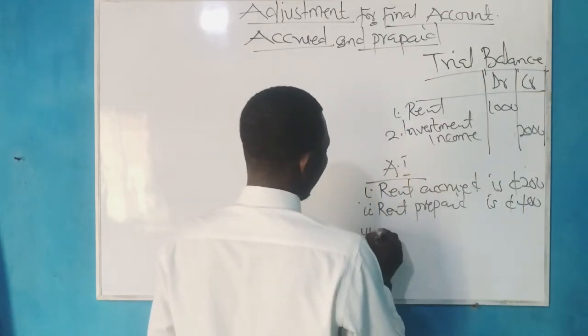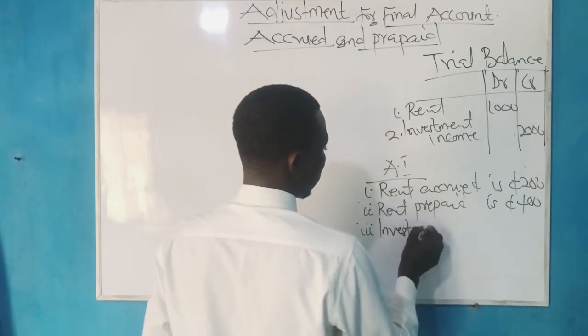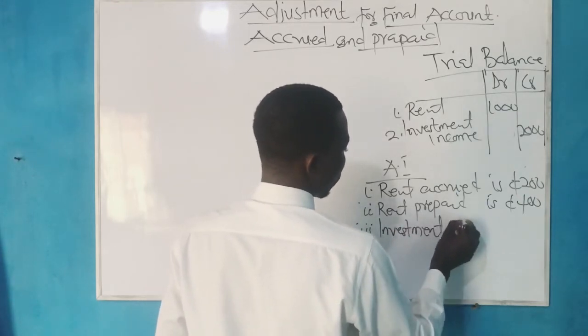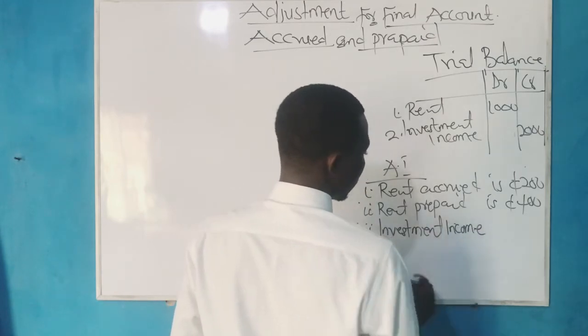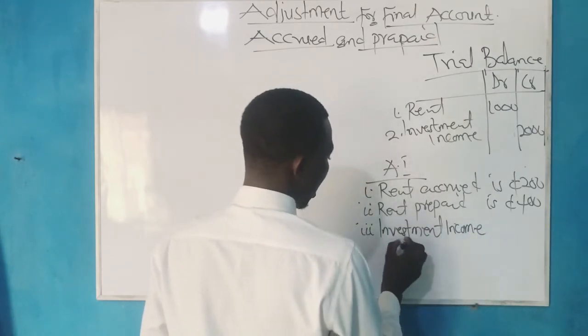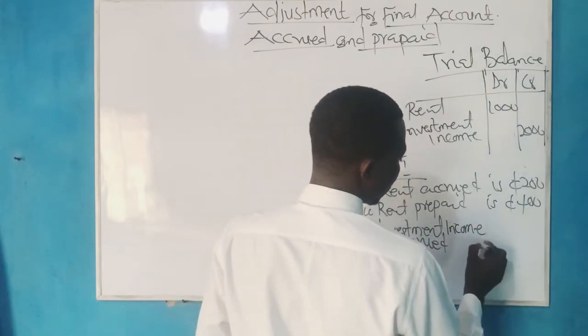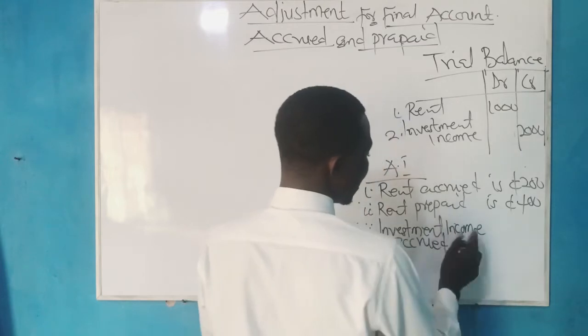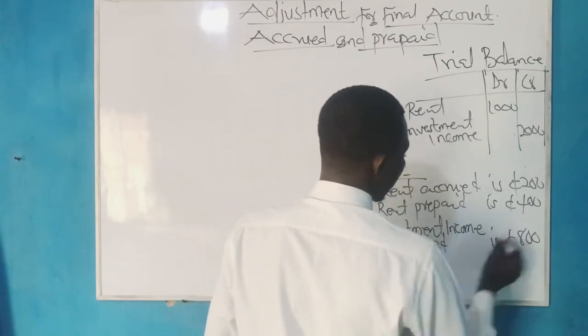Maybe we'll be having investment income accrued, let's say, 800 cedis.